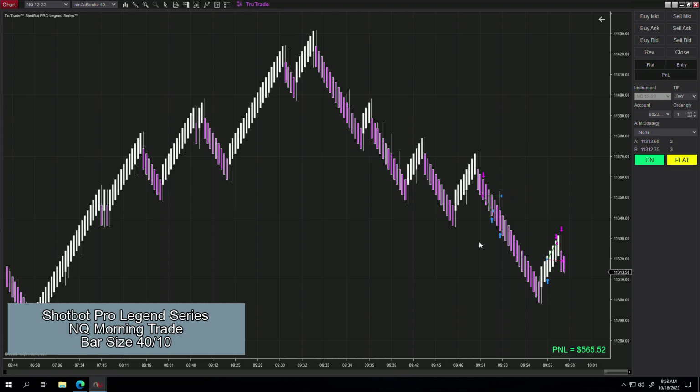Alright, so 565. Looks like we might pick up a short here. Let's see what happens. Again, we have lower low, lower low, lower low, lower low.